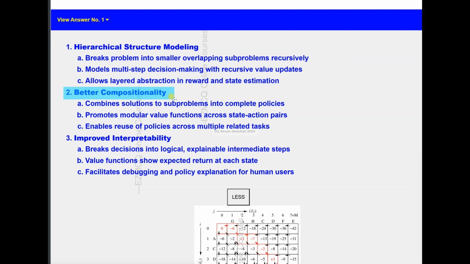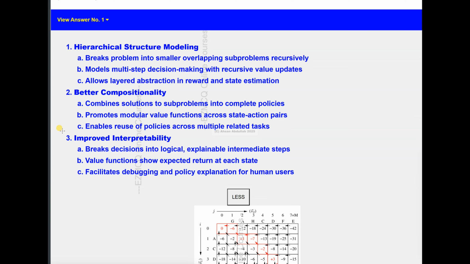It comes from using individual subproblem results, which is the way dynamic programming works. Now, what compositionality means is that the system does not need to learn the whole policy from scratch. What is the policy? That is what was covered in reinforcement learning. As a result, training is faster and more scalable.